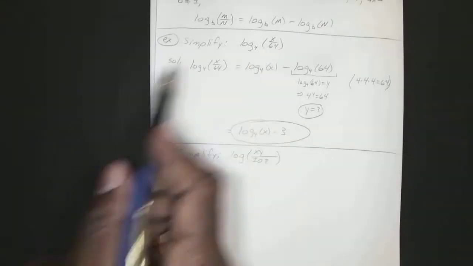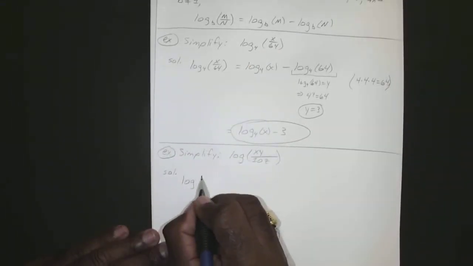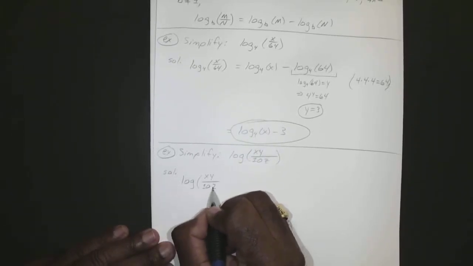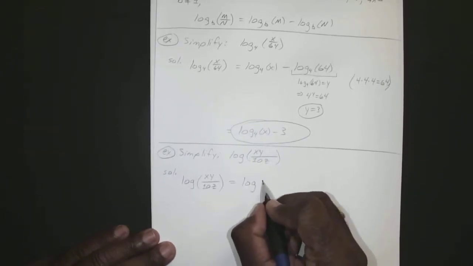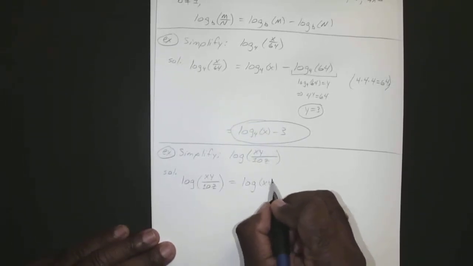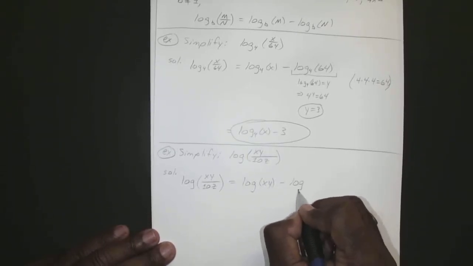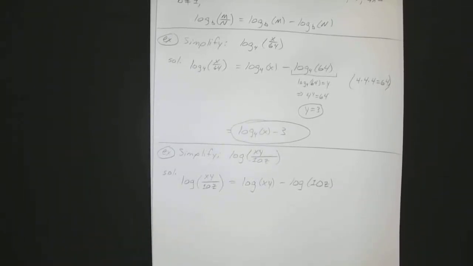Okay, so this one just using the quotient rule. Log of x times y over 10z is going to equal log of x times y minus log of 10 times z. Okay. Which is true, but it's just not completely simplified.